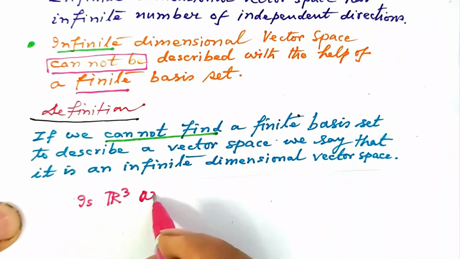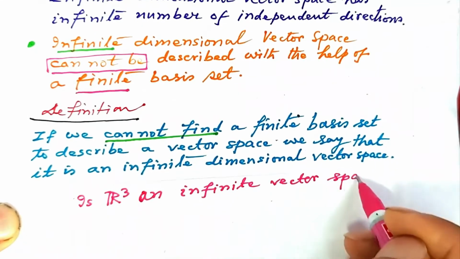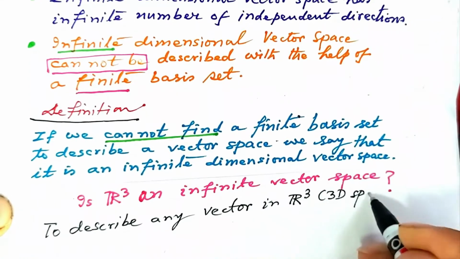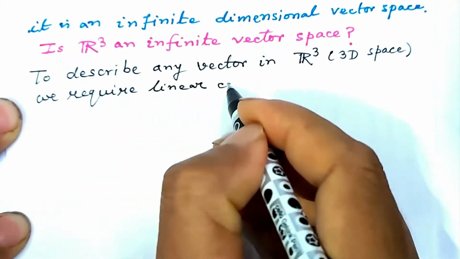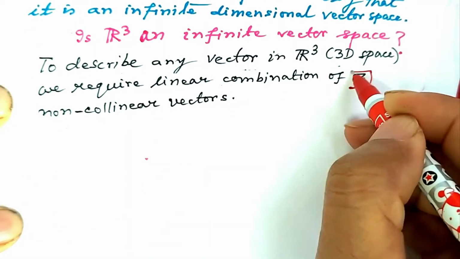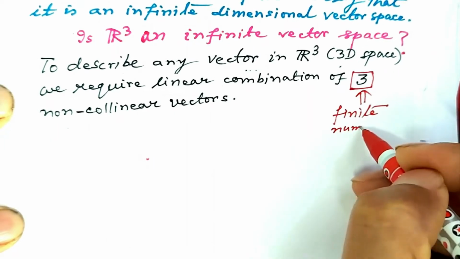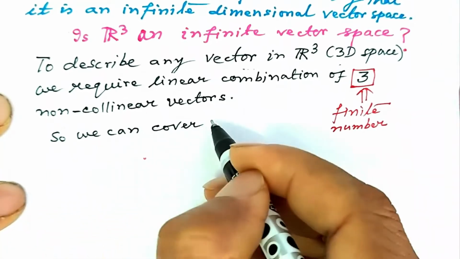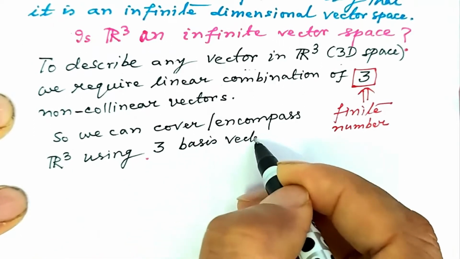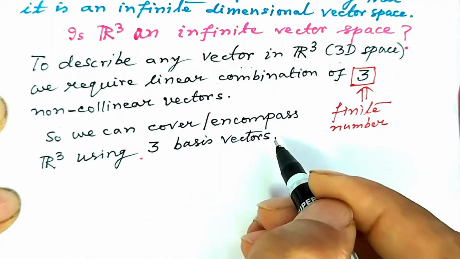Let us ask a question. Is R3 an infinite vector space? To describe any vector in R3 3D space, we require linear combination of three non-collinear vectors. The number needed is 3, which is a finite number. So we cover or encompass R3 using three basis vectors. It might be i hat, j hat, k hat for example.